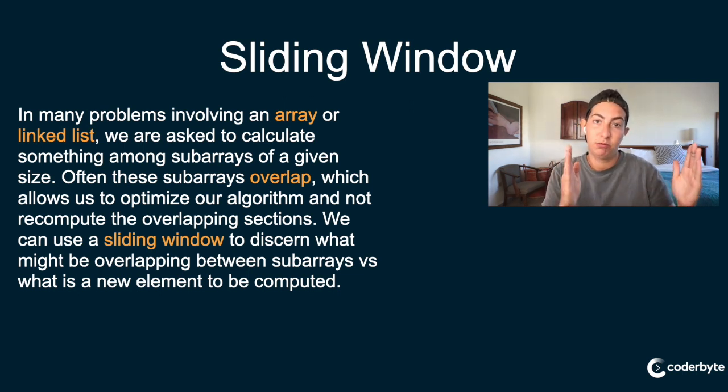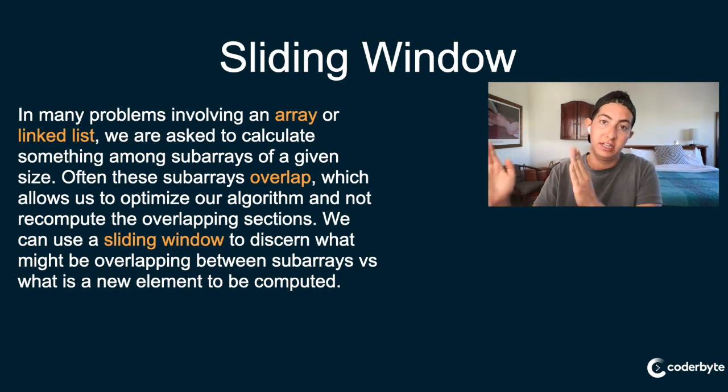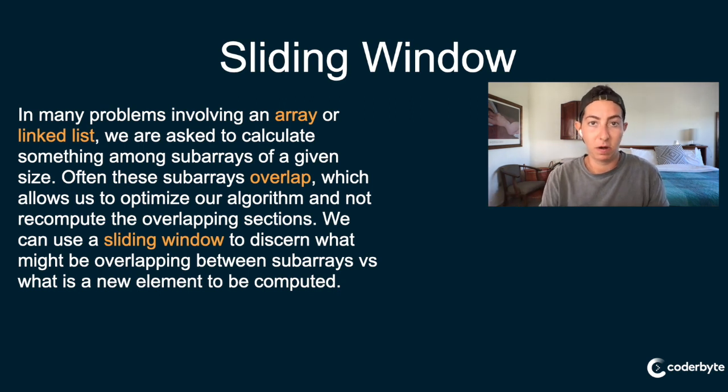Rather, we can use a sliding window to look over the array or the linked list all in one go, and either grow or shrink the window as needed and look at the subarrays within the window. That allows us to not have to loop over that array over and over again. Depending on the problem, we can use the sliding window to look at the different smaller subsections of the array, but really only loop over the array one time. So that's essentially what the sliding window pattern is all about.